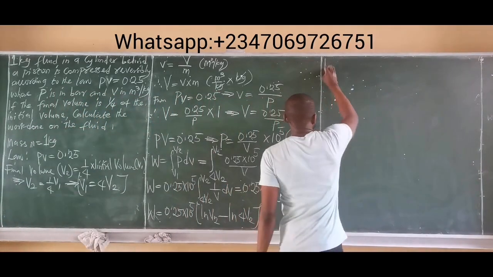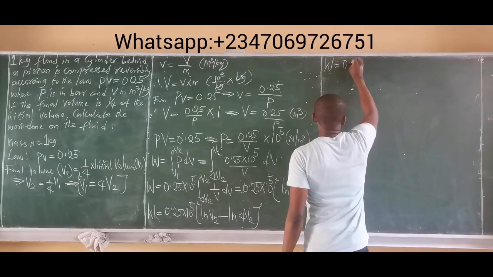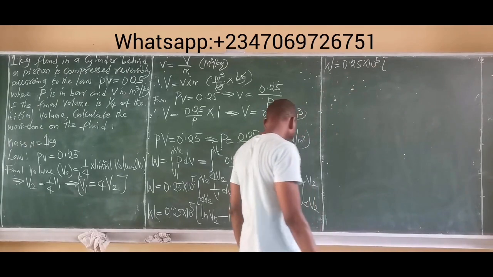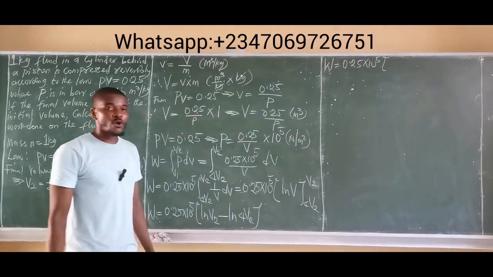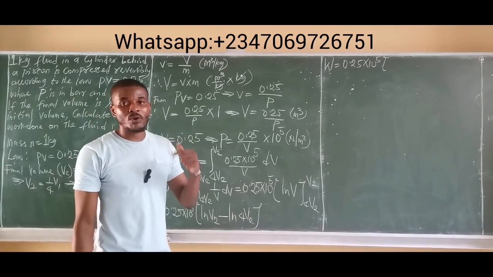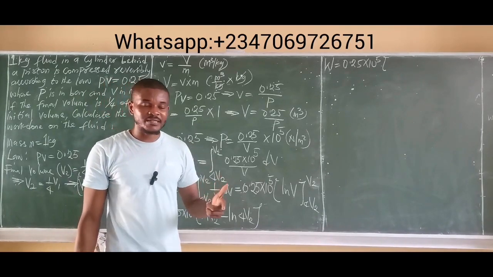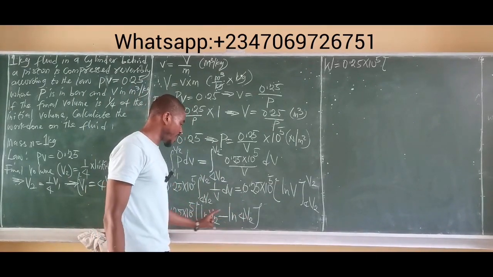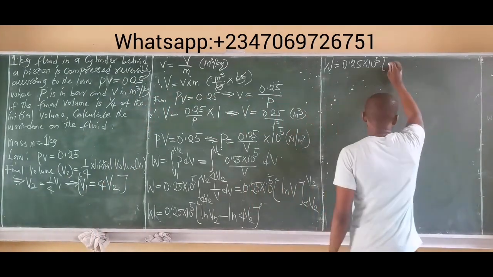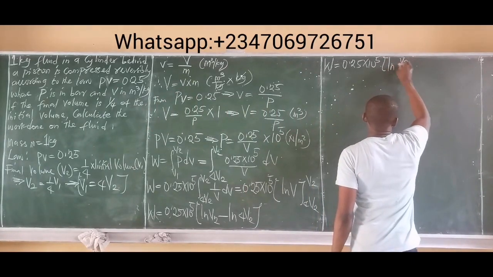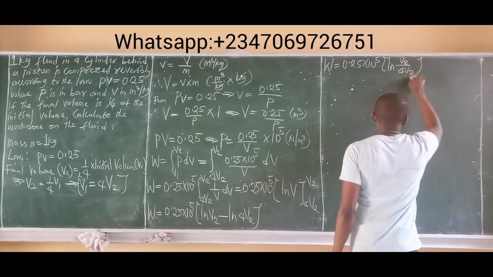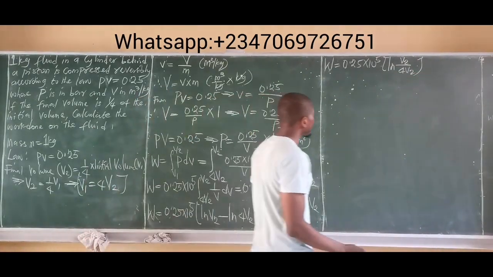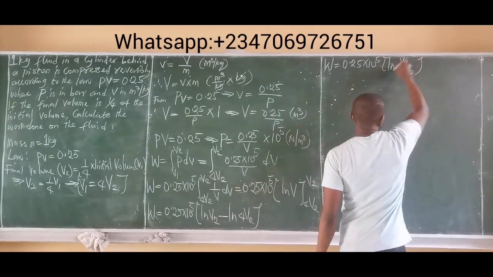Work done is equal to 0.25 by 10 to the power of 5 into, now from the principle of logarithm, once the logs of two numbers subtract, you pick one logarithm and divide their numbers. So I have ln V2 minus ln 4V2, which simply gives me ln of V2 all over 4V2. So from here, observe that V2 cancels V2.